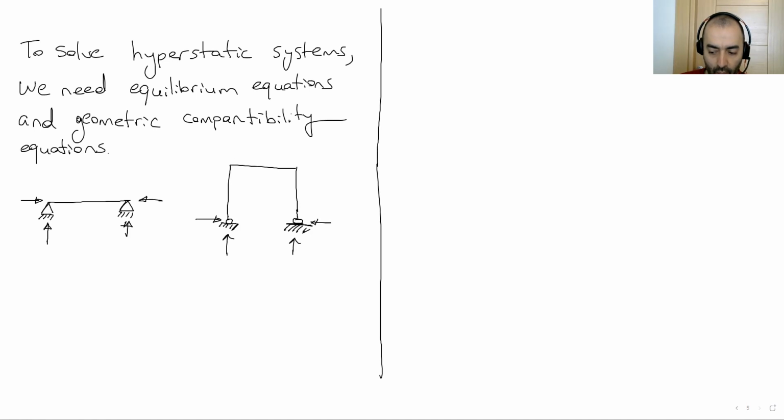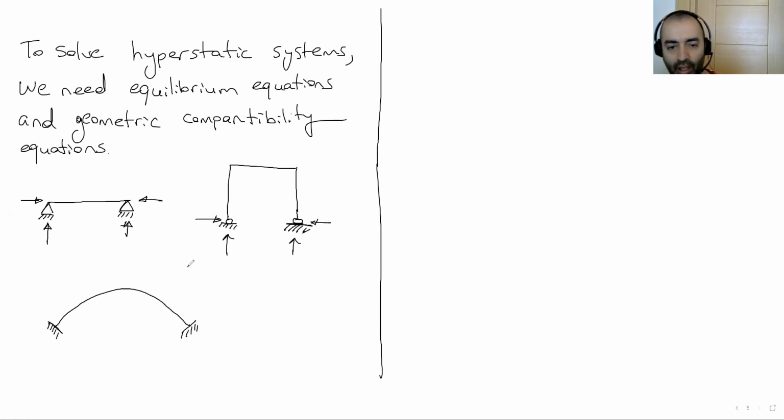I may have, for example, an arch. Here I have fixed support. Here I have fixed support. Again, these are examples of hyperstatic systems.